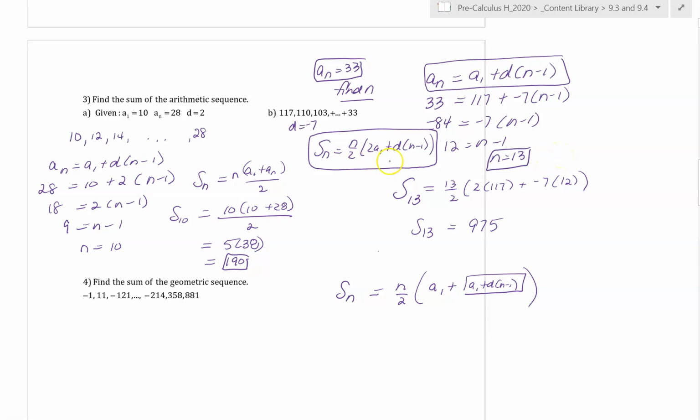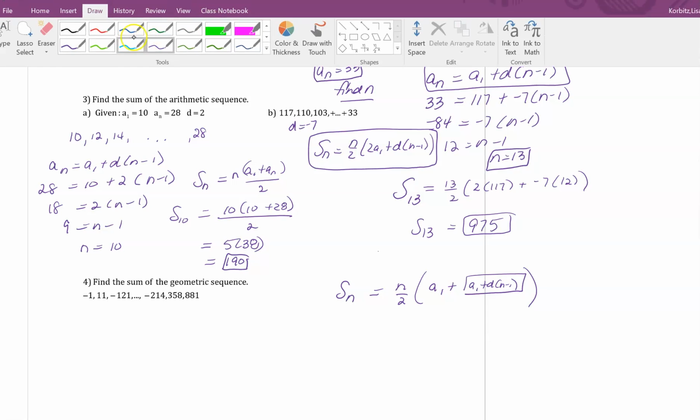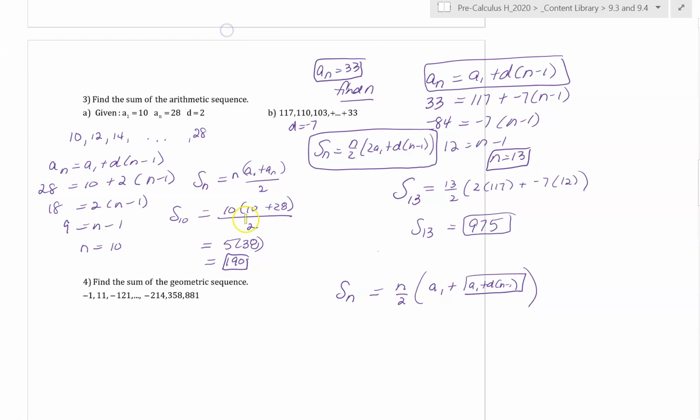So if I use this formula, the sum of the first 13 terms in this particular arithmetic sequence is 975. Notice that this particular formula we actually could derive from the first formula that we used, because if you replace a sub n with the explicit formula, you end up with n over 2 times the quantity 2a sub 1 plus d times the quantity n minus 1.